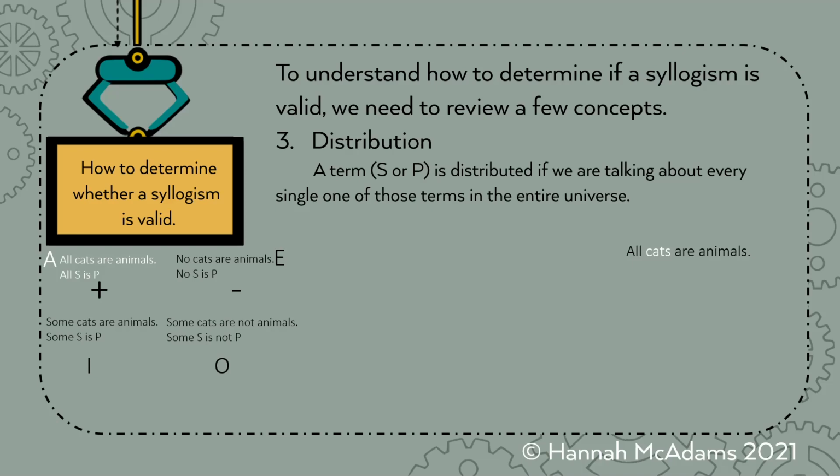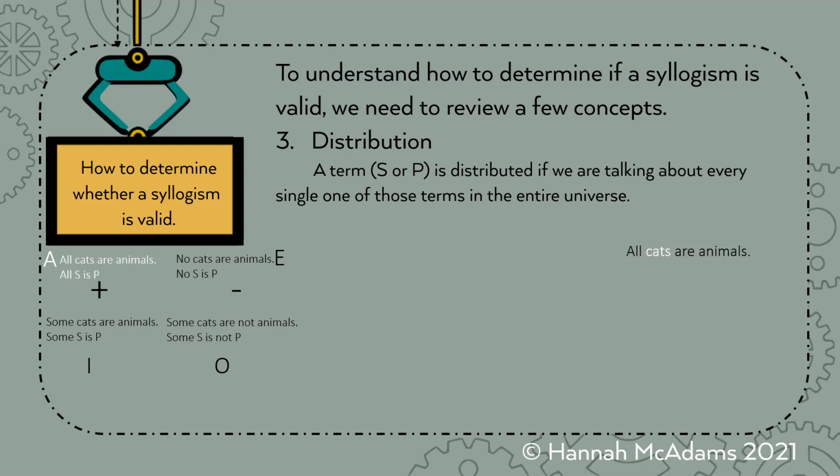So here we have all cats are animals. That's an A statement. We know it's positive, right? It's an all S is P kind of statement. So the question is, are we talking about every single cat that there is and ever will be and ever was? Are we talking about every single animal that is or ever will be or ever was?